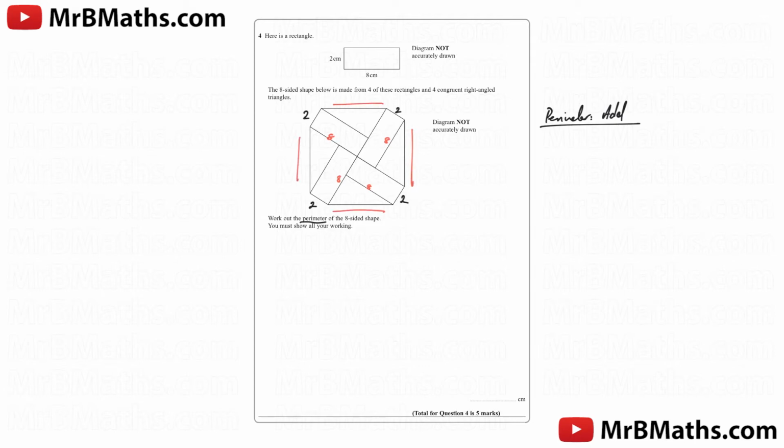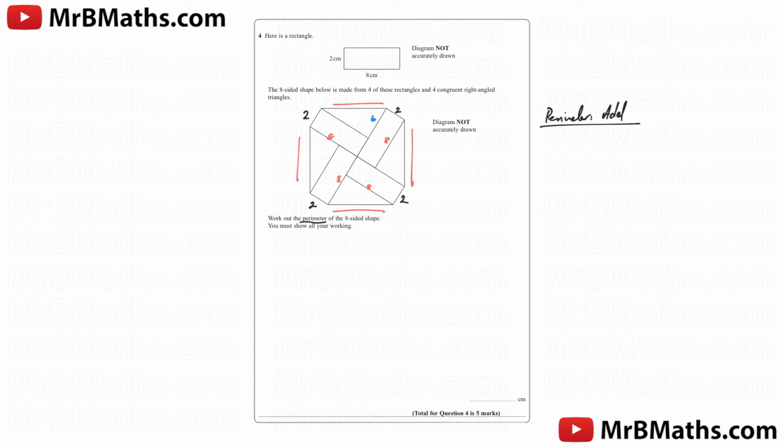In order to do so, we need to think: if this entire length here is 8, we've then got this section right here, which is worth 2, which would mean that the section we're missing is worth 6. So this would be 6. It might be better if I showed that on different parts.